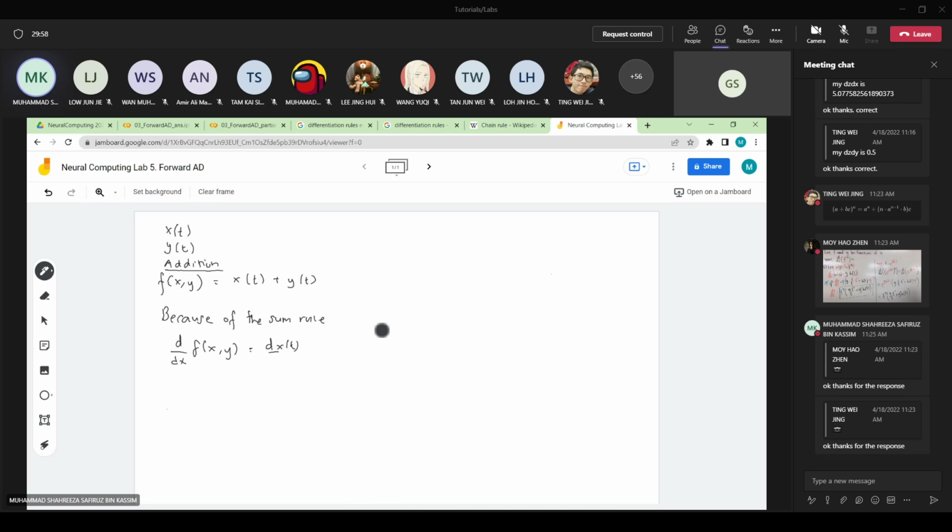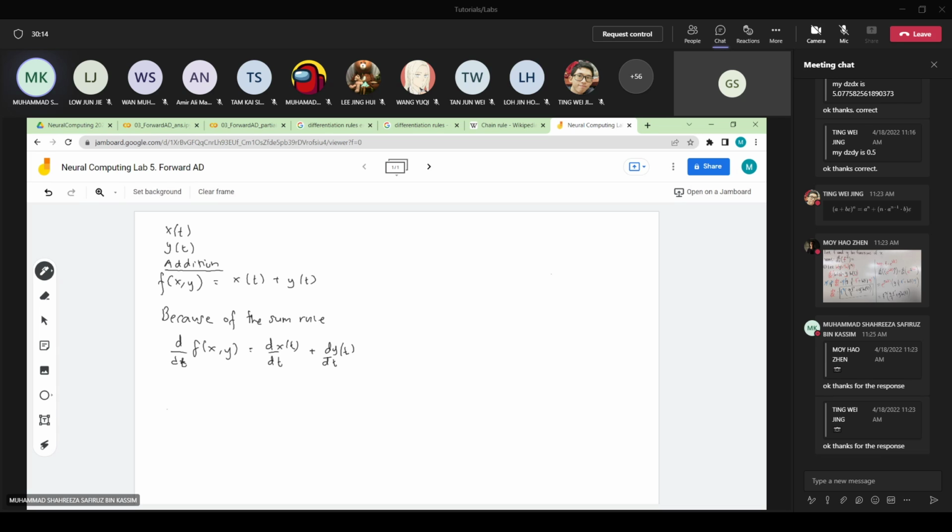No, this is not x, this is t. So you just take the partial derivative of x with respect to t plus the partial derivative of y with respect to t, right? Now this is because of the sum rule.